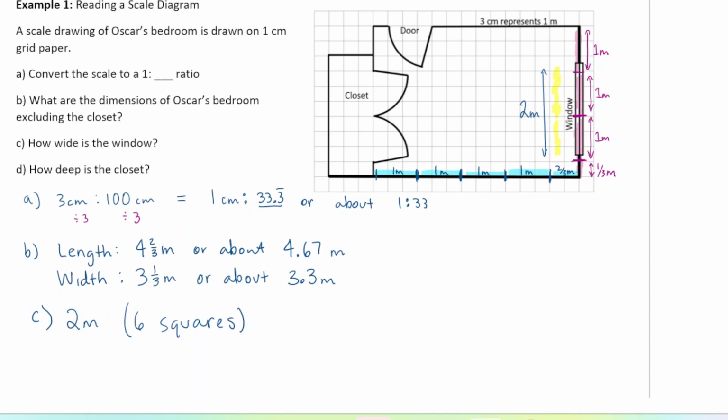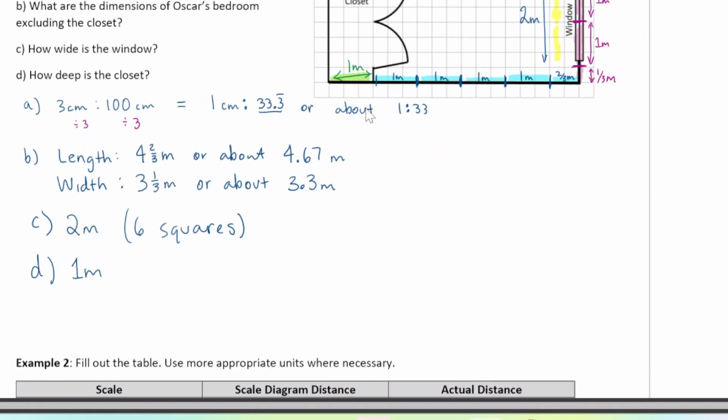And then finally D, how deep is the closet? So if we look at the closet, it's 3 squares deep, so that means it is 1 meter deep. All right, great.